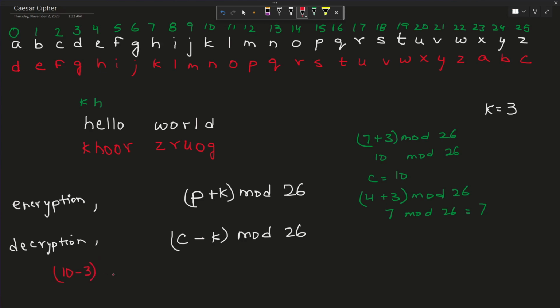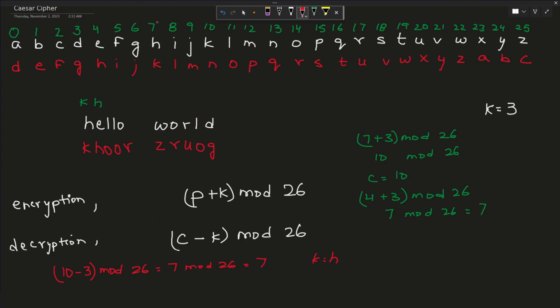3 mod 26, which is equal to 7 mod 26, which again results back to 7. Now we know it is 7, so we're going to look at this table again. We know at the seventh place, H is the character, so this K is basically equal to H. Now we're going to take our next value, that is H over here.